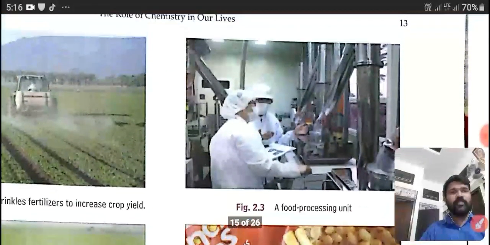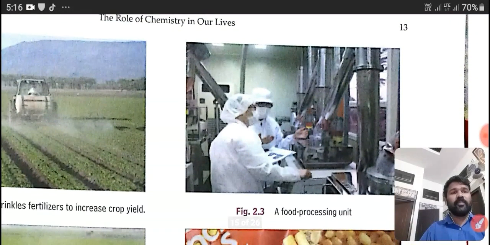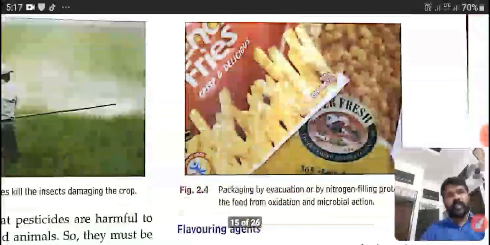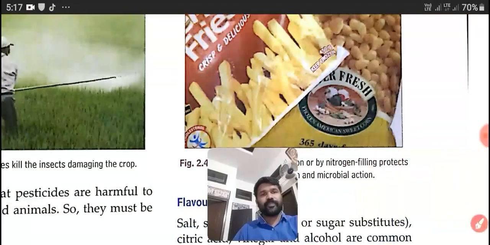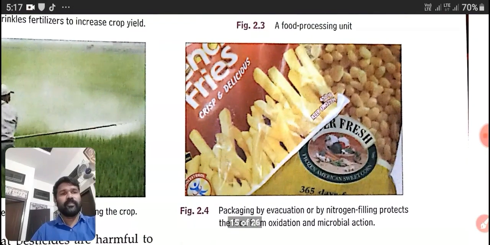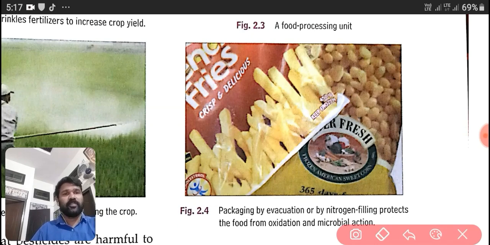Now please move to figure number 2.3, a food processing unit. Then next, figure 2.4: packaging by evacuation or by nitrogen filling protects the food from oxidation and microbial action.